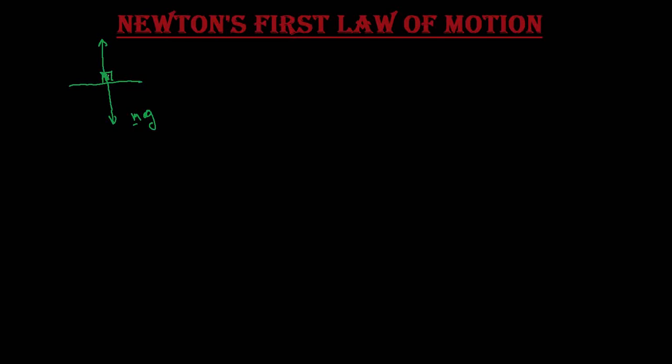Newton's first law states that this box will remain motionless until and unless there is an external force acting on it. Either we can push it or pull it, and then the box might start to move, but otherwise the box will stay still in its position. This is a part of Newton's first law of motion.